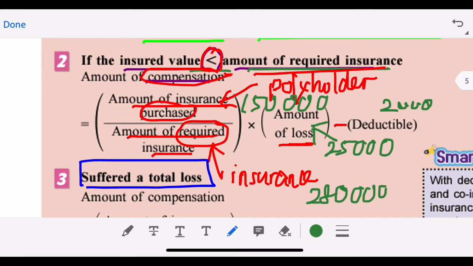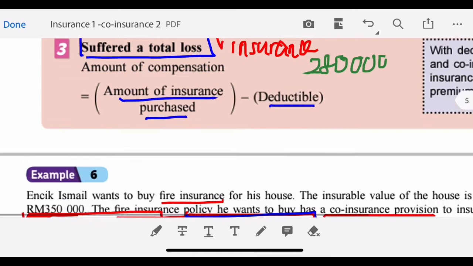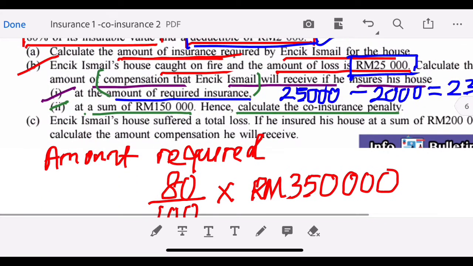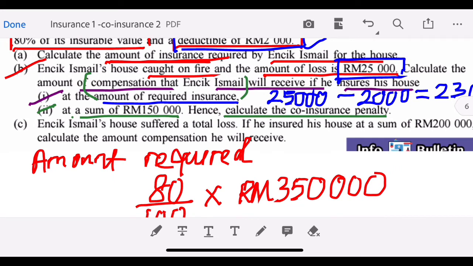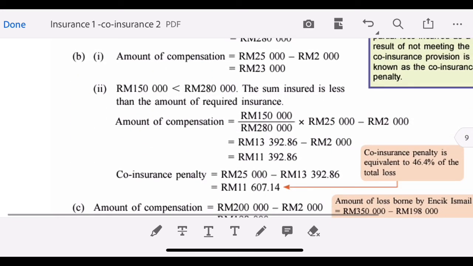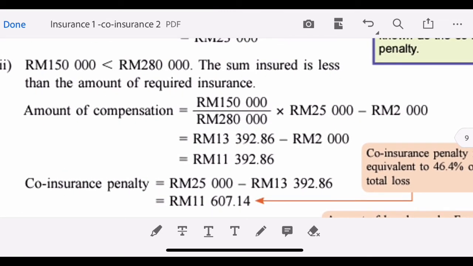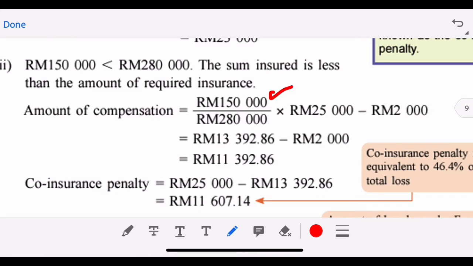The amount that we calculated is actually the compensation after the co-insurance penalty. So if we follow the working just now, we take 150,000 divided by 280,000 times 25,000, which is the loss, minus the deductible amount.